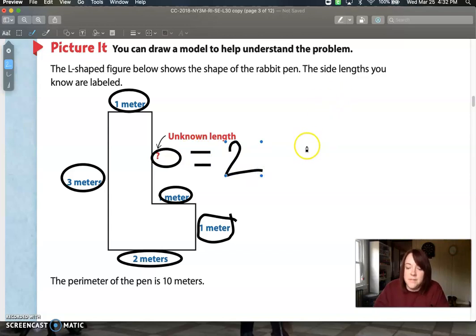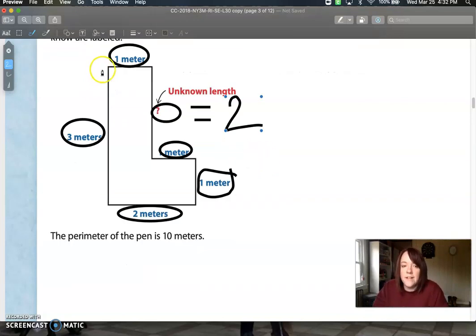So let's add them all up and see if they equal 10. 1, 2, 3, 4, 5, 6, 7, 8, 9, 10. The perimeter is 10 meters. So we're only finding the outside this time. We don't need to find all of this space in here. That is area. This is area, what a shape covers. We just need the outside perimeter.